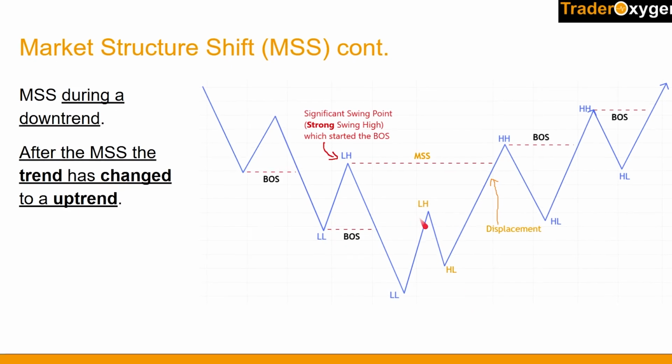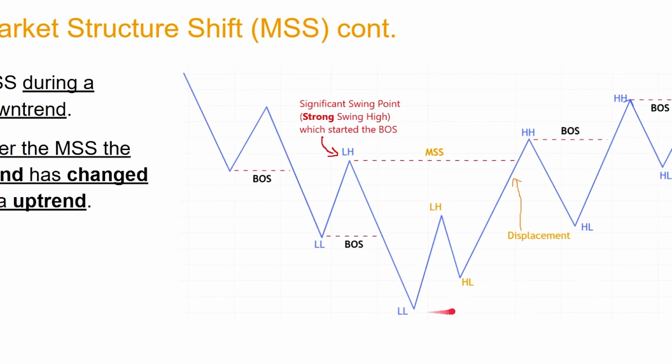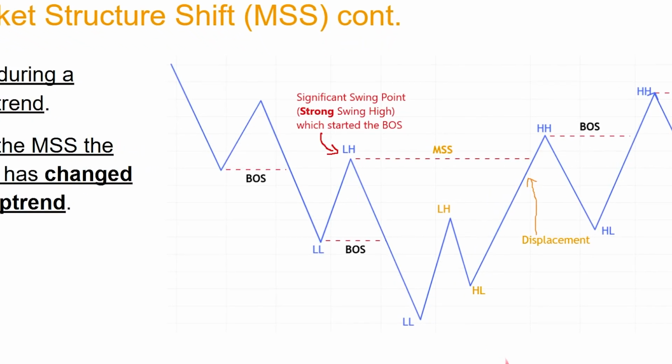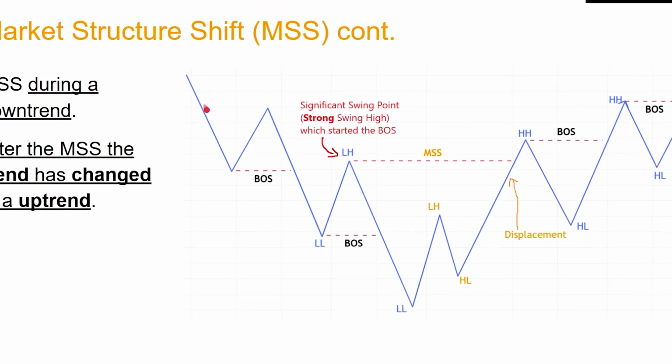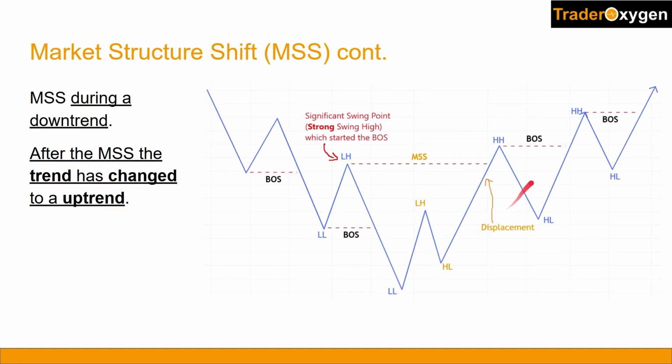But instead of that, you can see the trend has paused by making a higher low without going and making a lower low, and then a significant displacement in the opposite direction and breaks this significant swing high. When that happens, it's a market structure shift. And then we consider the trend to be changed from a downtrend into an uptrend. Okay, let's see what's next.